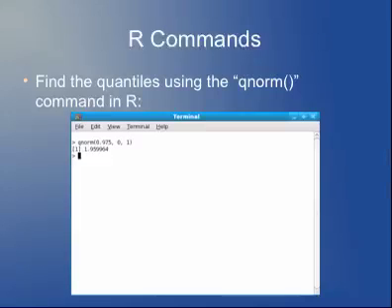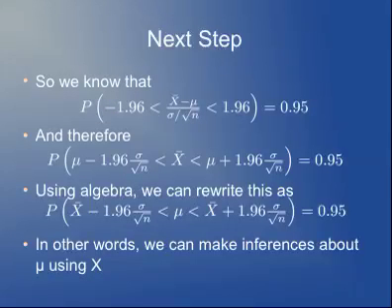Here's the R command to do it. As we've discussed before, you can use qnorm 0.975. It's almost exactly 1.96. Or if you do qnorm 0.025, you'll get minus 1.96.